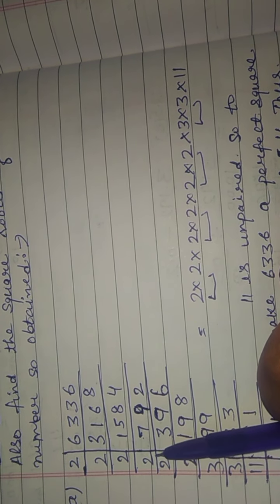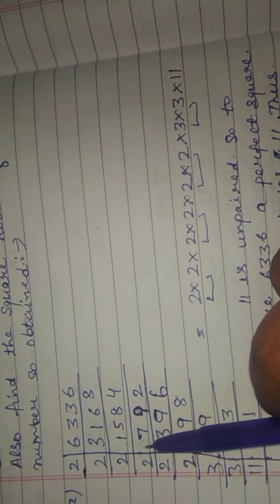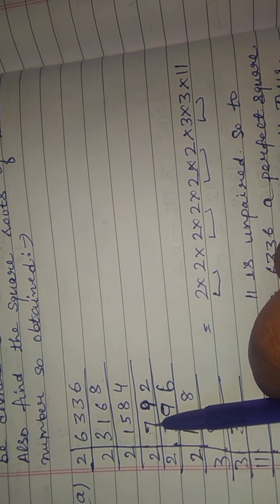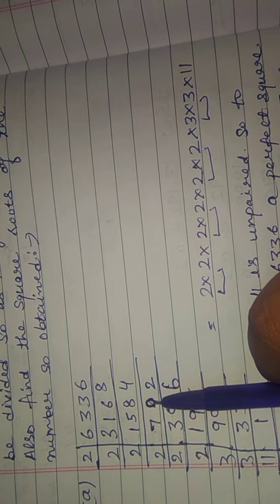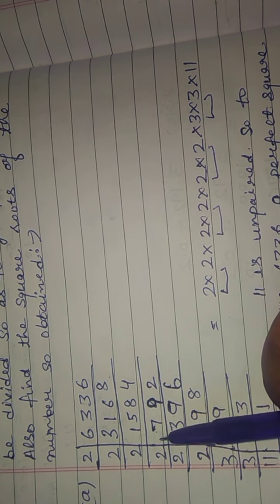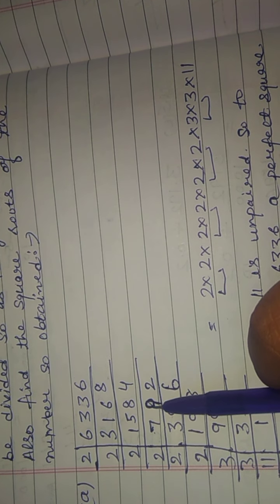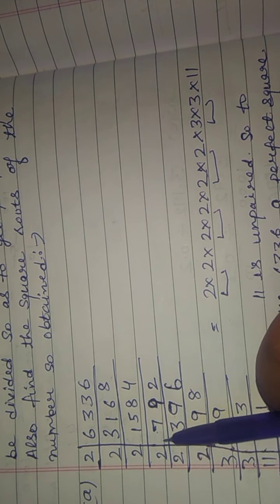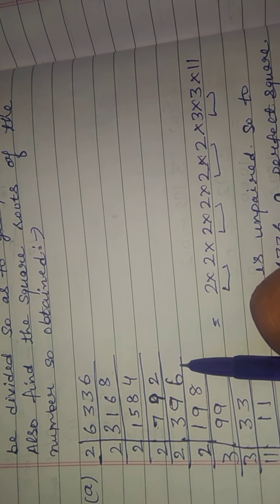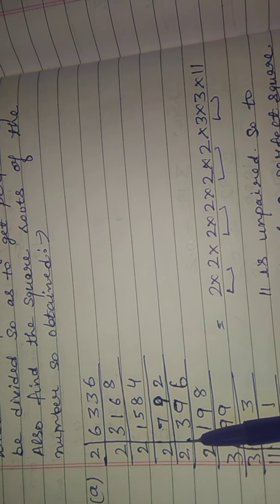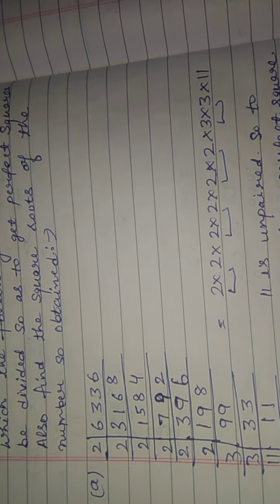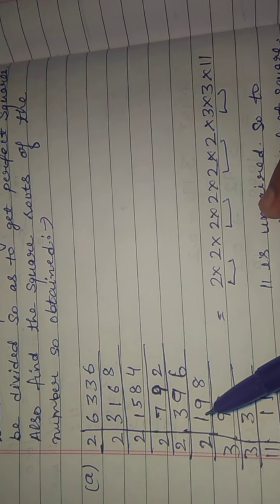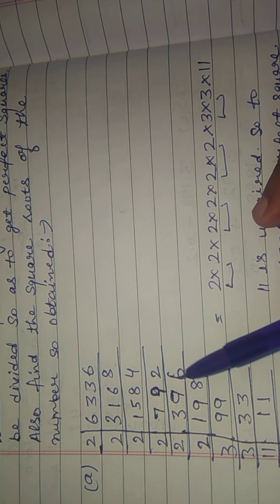Now take 2 again, 2 3s are 6 and here is 1 carry, so it will become 19. So 2 9s are 18 and there is also 1 carry, so it will become 12. So 2 6s are 12. Now take 2 again, 2 1s are 2 and 1 carry makes 19.